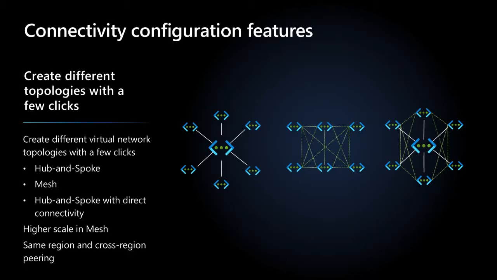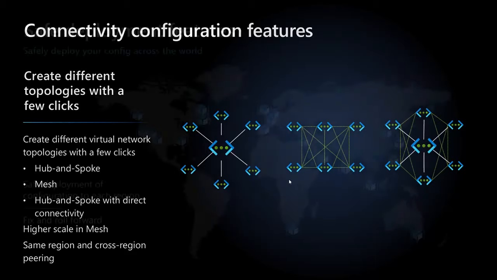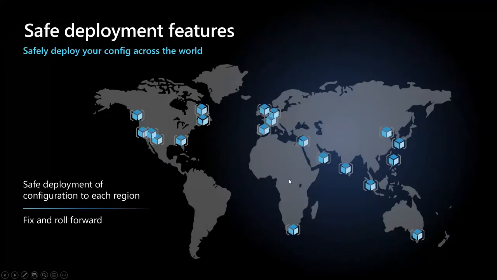Okay, and you can easily create such a topology using Network Manager, which was traditionally very cumbersome to build without Network Manager. So this is the connectivity configuration piece. As I mentioned, after creating a configuration, what you need to do is deploy your configuration to different regions. Why do you have this design in Network Manager?